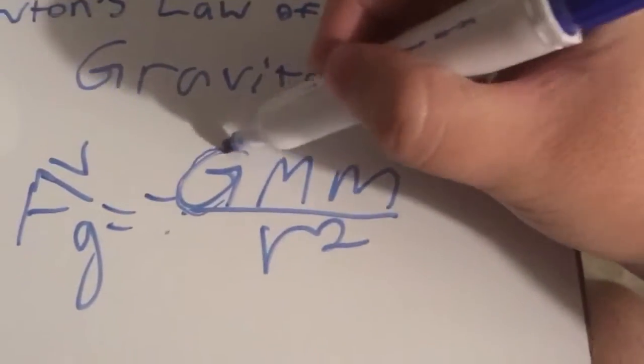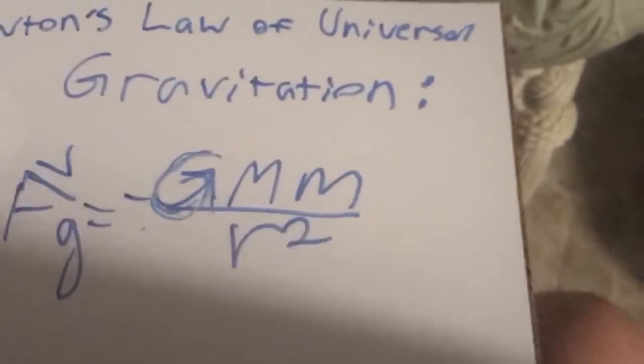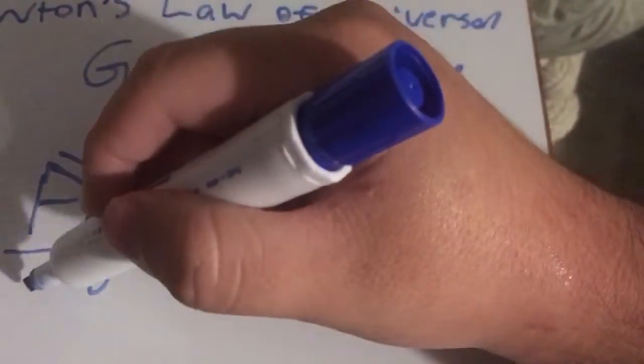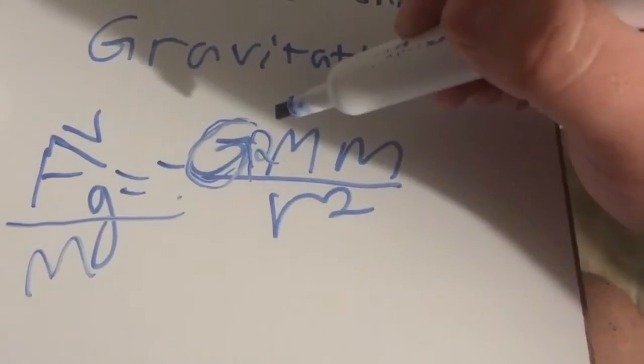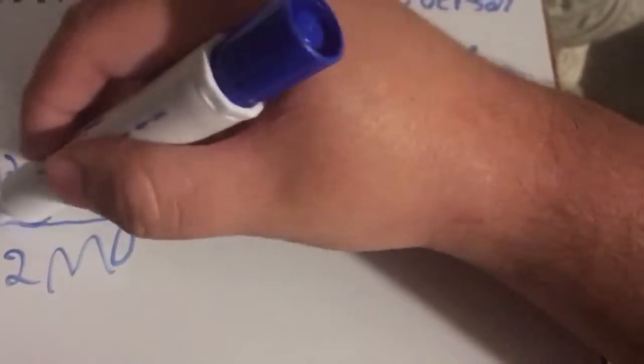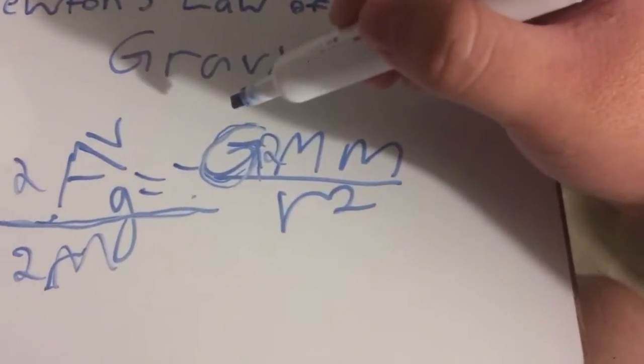Newton didn't know what G was, but he did assume that if you were to have the mass of the planet double, the force of gravity would double. So that means they're directly proportional. If you double the mass, the force of gravity doubles, and that ratio is equal to a constant.